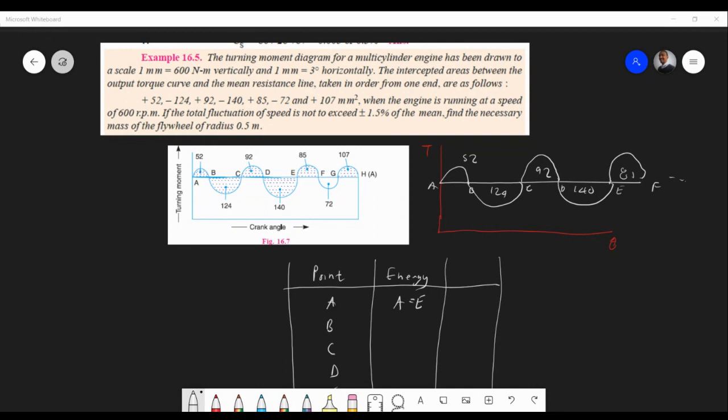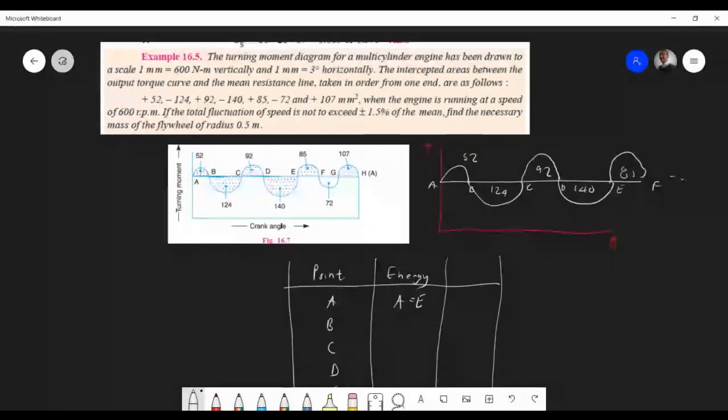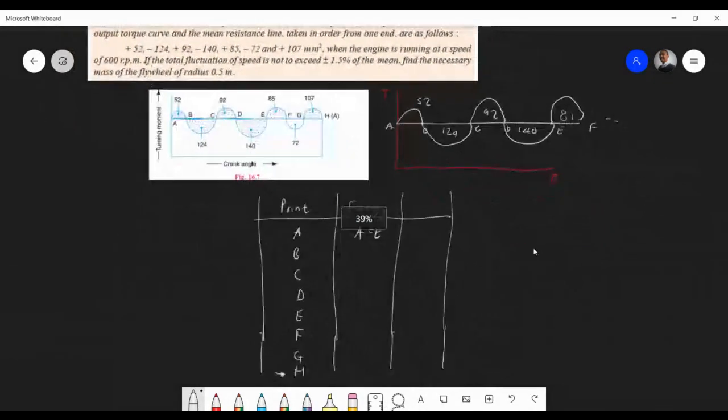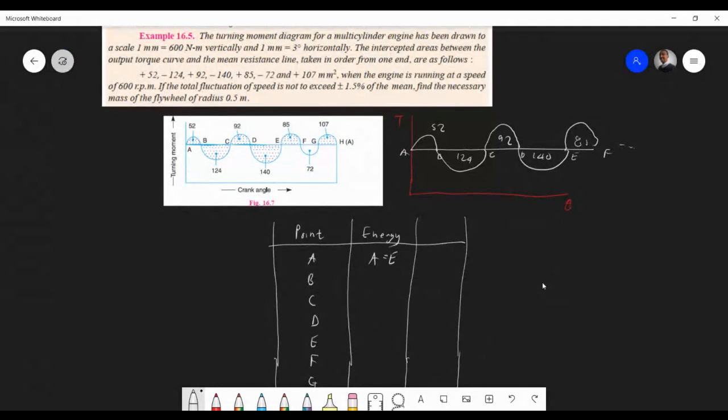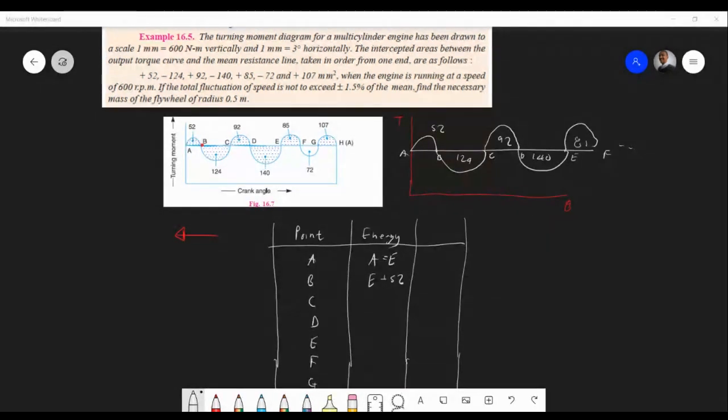Okay, I gave you guys enough time there. So let's work through this one. So at B, again we're always looking at a point, and then looking towards the left. So at B, we know it's going to be E plus 52, right?